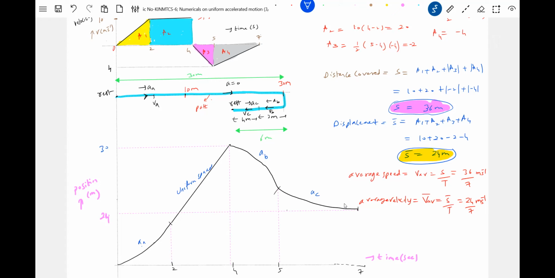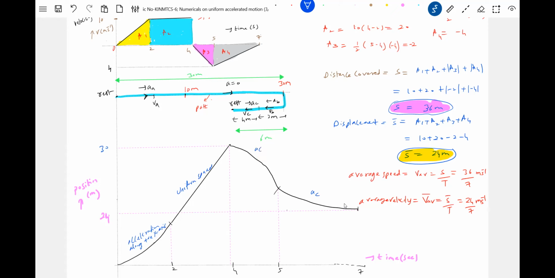If you want accelerated motion along positive x-axis, what should you write here? Acceleration along positive x-axis. Uniform velocity, uniform speed. There's no problem. This is what?